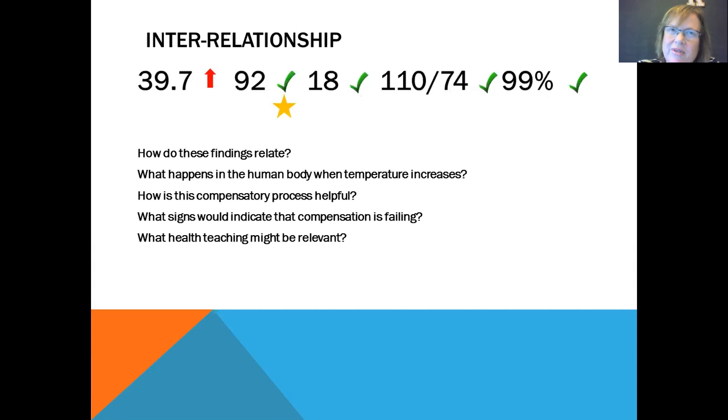Fever, and remember we talked about this before, typically can cause our heart rate to increase. Now, why does that happen? So first of all, let's start with fever. Fever by itself is compensatory. When we are invaded by some kind of organism that is foreign to our body, that is a threat, our body responds by increasing the temperature because that makes a hostile environment.